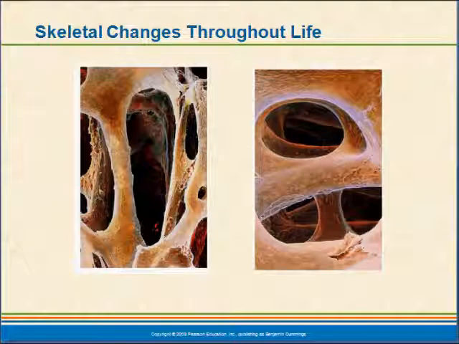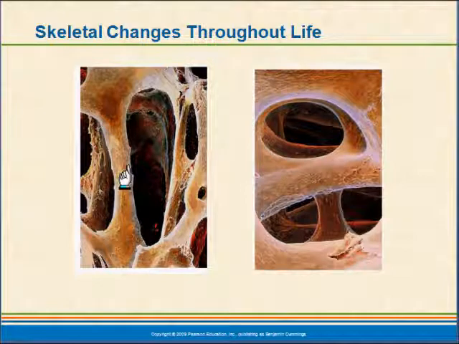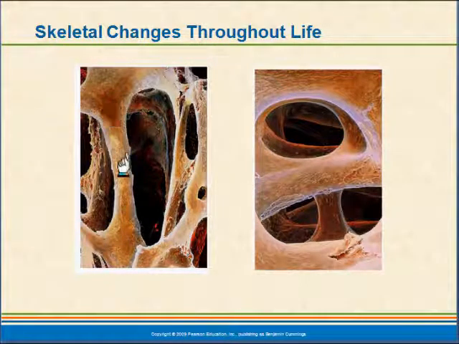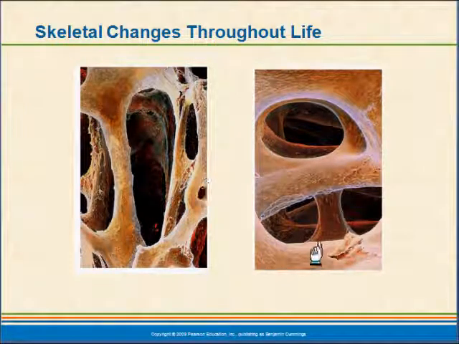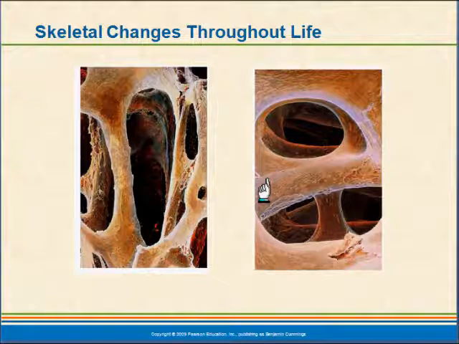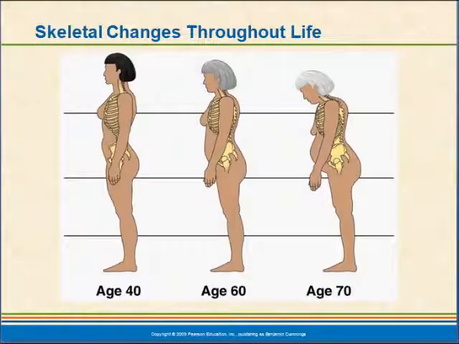Now, here are what the changes look like. On the left here, you see bone that has osteoporosis, and you can see how these little trabeculae have thinned down, look just eaten up and chewed up. This, on the other hand, is healthy, non-osteoporotic bone. You have much thicker trabeculae. In a female, this is the type of change that you can see.